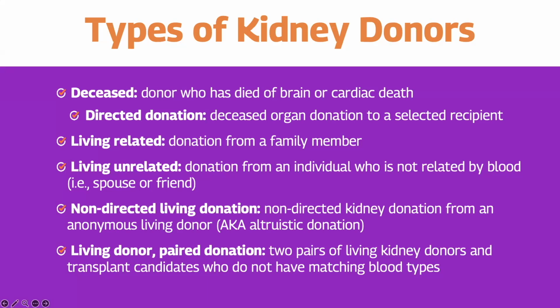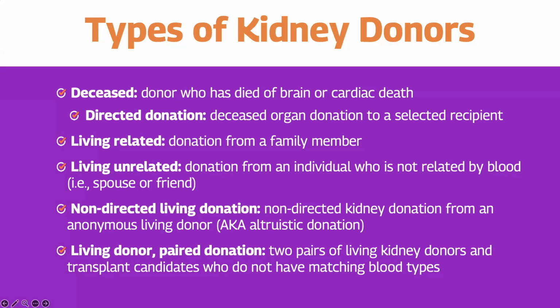Directed donation is a small subset of this category. Directed donation occurs when a donor specifically selects the individual to whom he or she wants to give a kidney upon death. The remaining categories are all living donors.